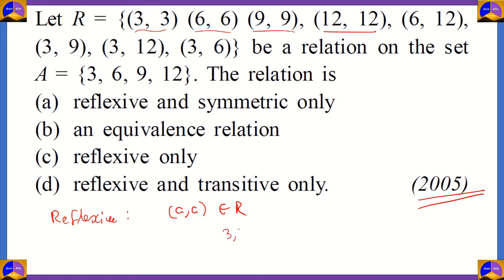So since (3,3) belongs to R, you can write that R is reflexive. That means all 4 options are viable at this stage.